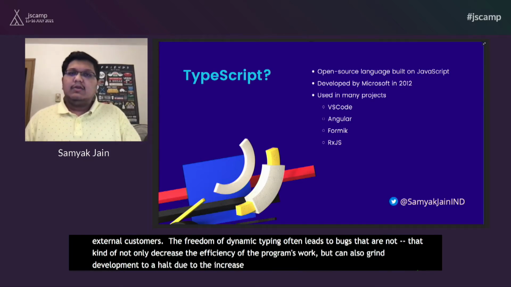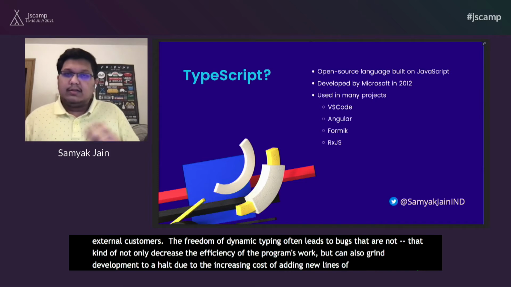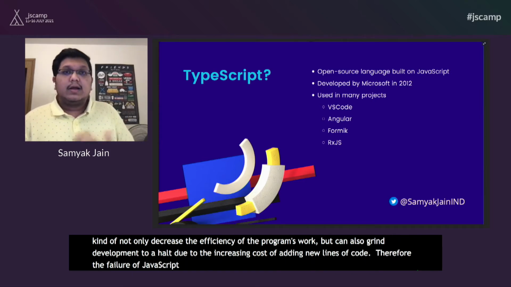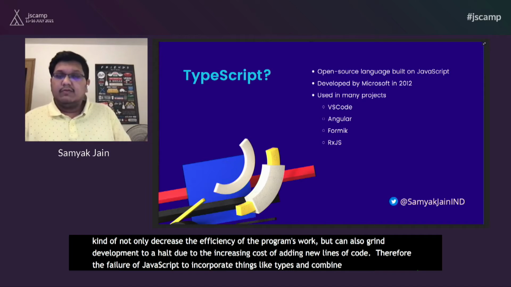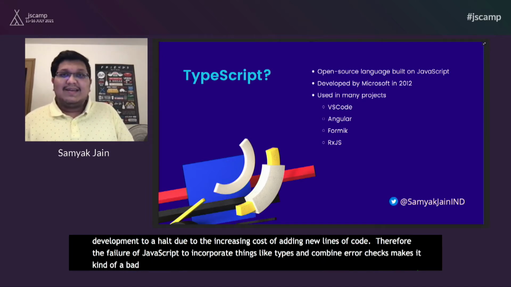Therefore, the failure of JavaScript to incorporate things like types and compile time error checks makes it a bad choice for server-side code in enterprise and large-scale code bases. As the tagline says, TypeScript is JavaScript that scales.